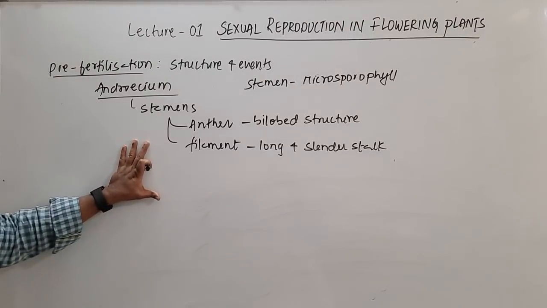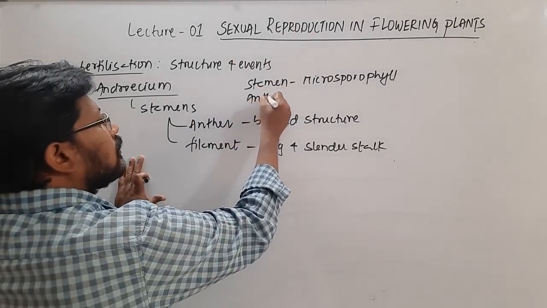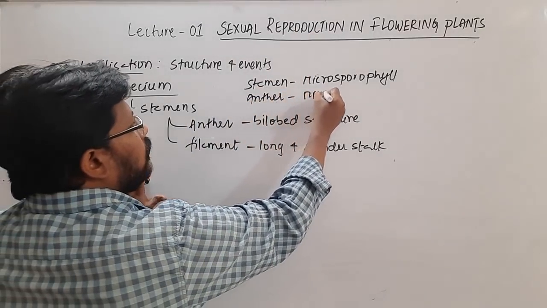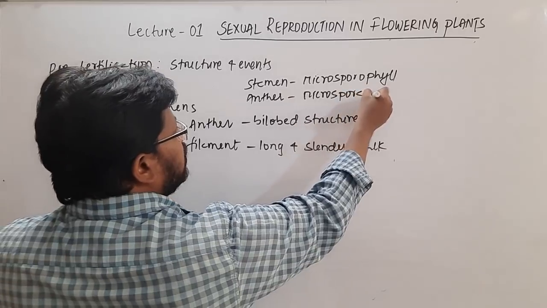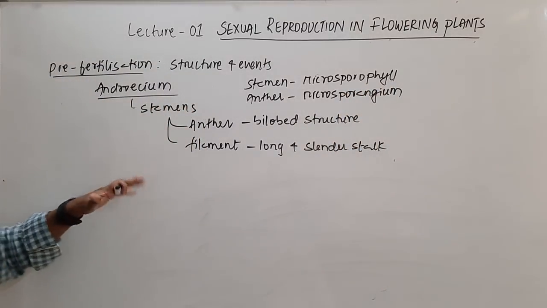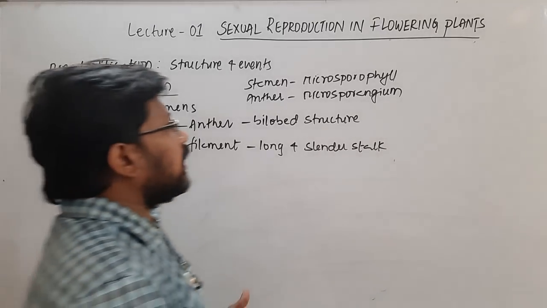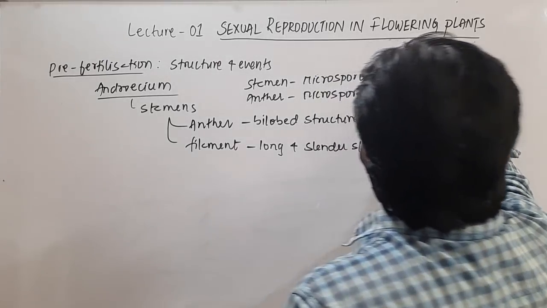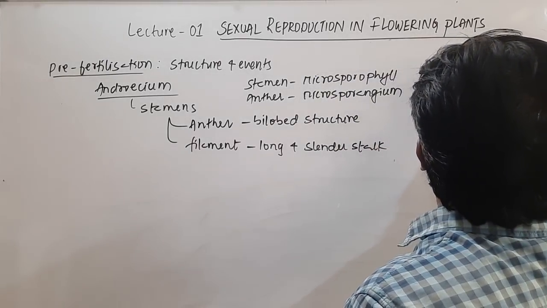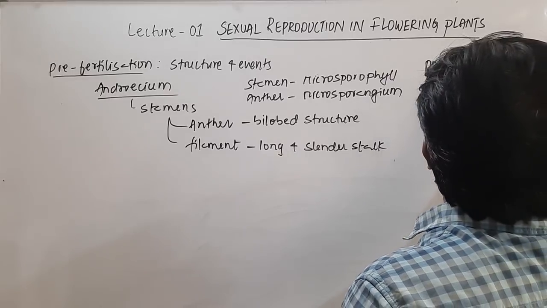I can compare this anther with the microsporangium. So anther, microsporangium, and inside this anther will be the development of pollen grains. That pollen grain I will compare to the male gametophyte.